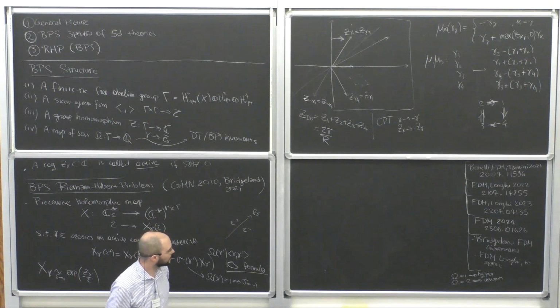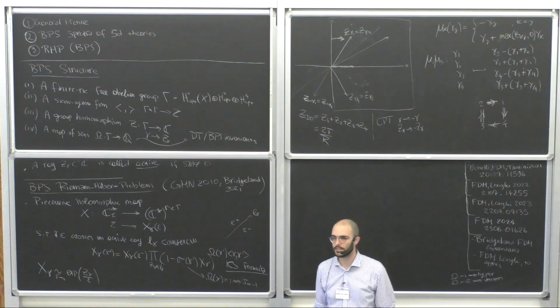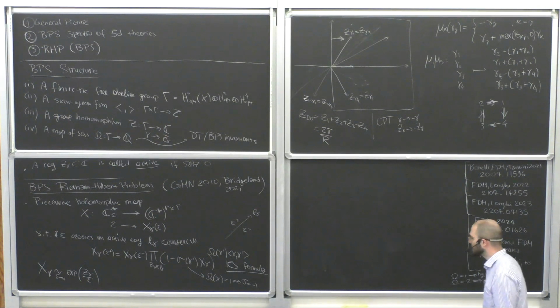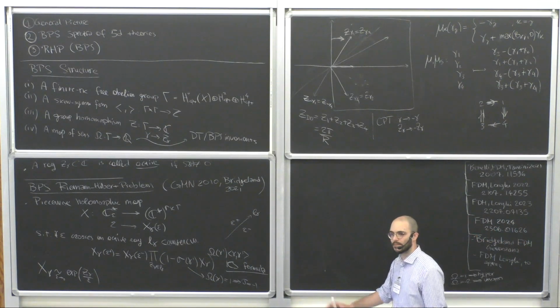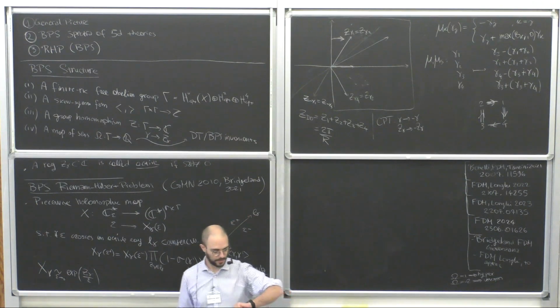No, but here this index really only includes, we're on the Coulomb branch, so this index really includes the Lorentz behavior. Then you can refine it, but yeah. Are there other questions?